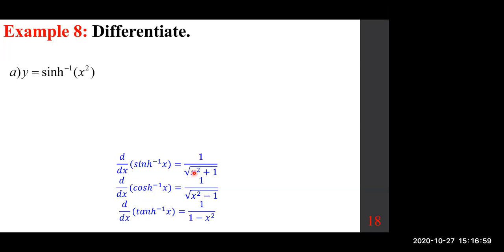So just as an example, if instead of x we have d dx of sinh inverse of u, then it becomes du over the square root of u squared plus 1, where u by definition is g of x, f of x, whatever you want to call it, okay? So I didn't write the general format, but I'm hoping by now we realize that it is used.